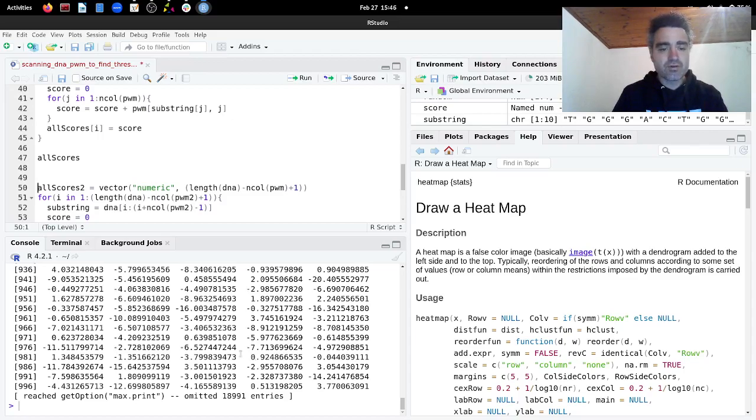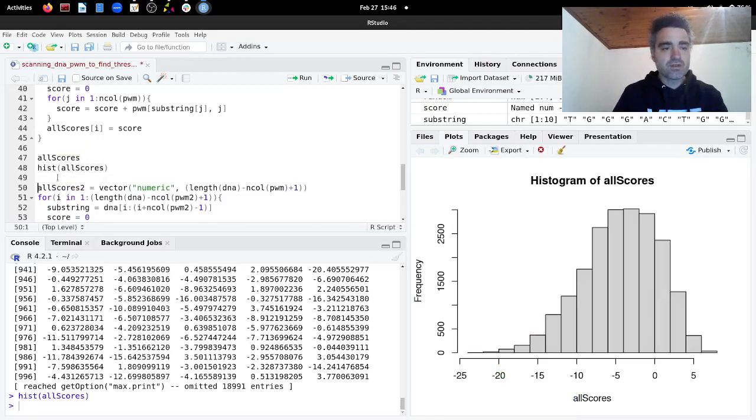So this is all 19,900-something scores that we get for the first position-weight matrix and the DNA sequence, and we can find the distribution of these values just by using the hist function. And we observe that the majority of these scores is really negative. Okay, 0 is somewhere here, a few values are positive.